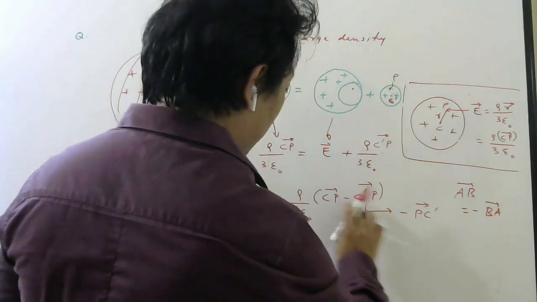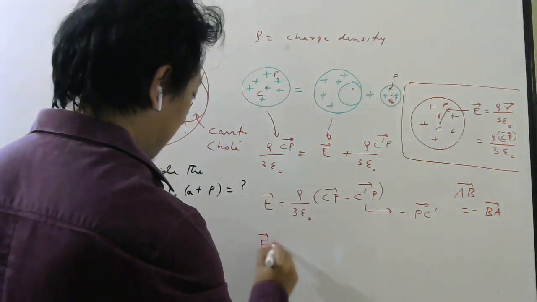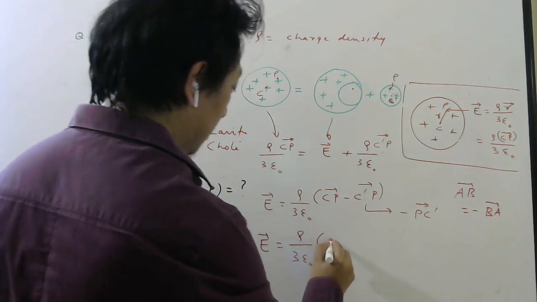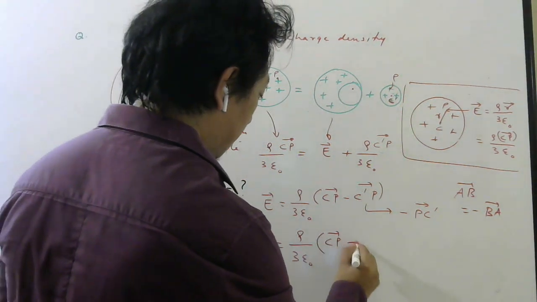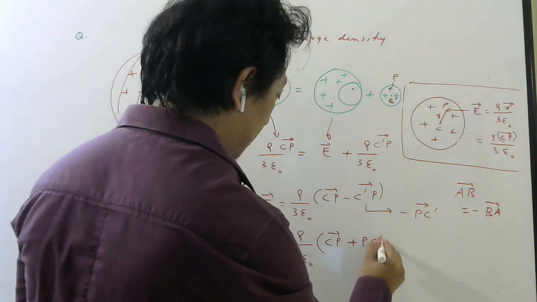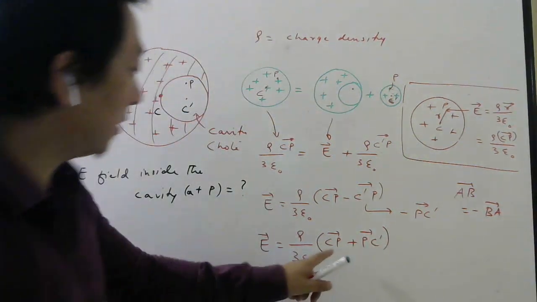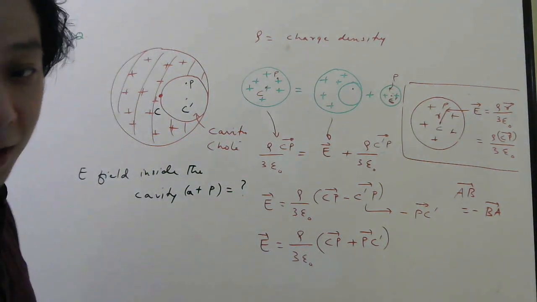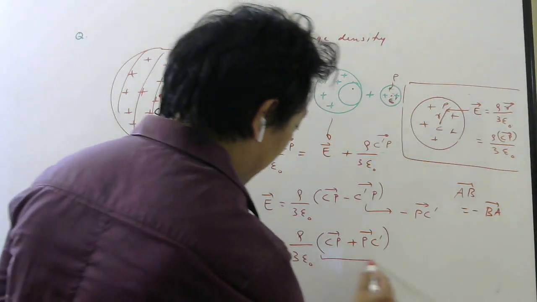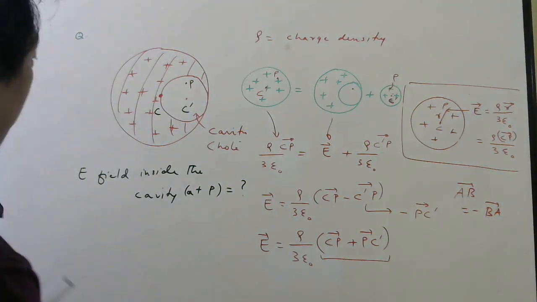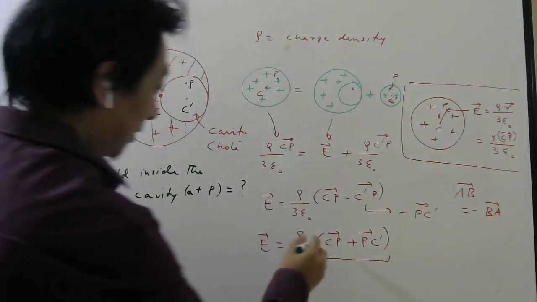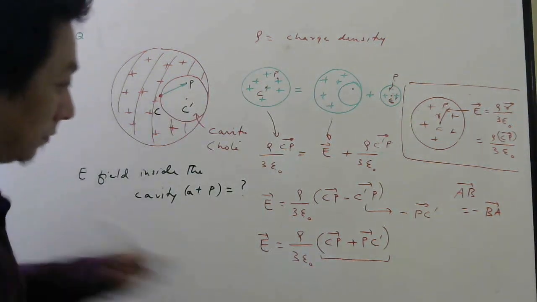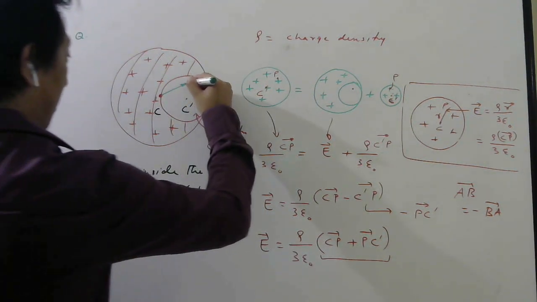So if I include this, my final electric field will be rho by 3 epsilon naught times CP plus PC dash. Now look in the diagram, look carefully. CP is which vector? CP is this vector. PC dash is this vector.